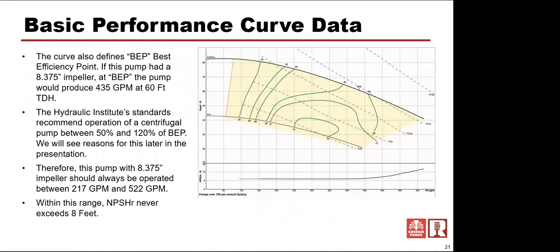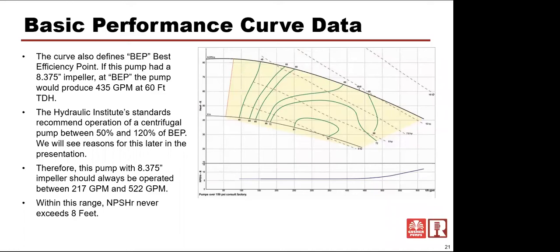Jumping ahead here, the Hydraulic Institute suggests, and the Hydraulic Institute is kind of the governing body for the pump industry. It's an association of pump manufacturers and pump users that was formed to help them talk in the same language, have the same standards, and get the best performance out of pumps.